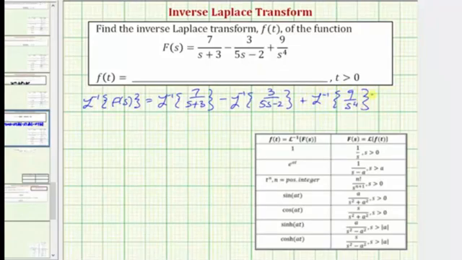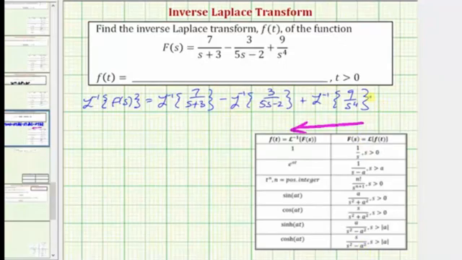So looking at the table of Laplace transforms, notice how we're given big F of s, and we're trying to determine little f of t, which means we'll be using this table in this direction here. So looking at the column for big F of s, let's see which formulas apply in order to determine these inverse Laplace transforms.